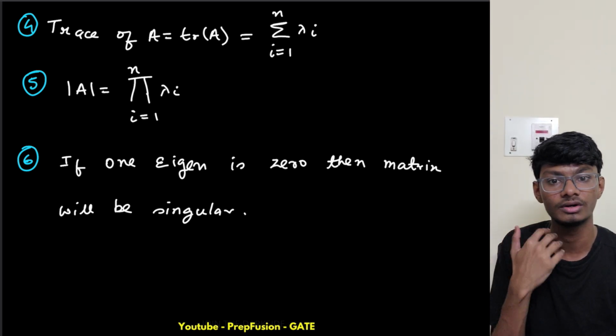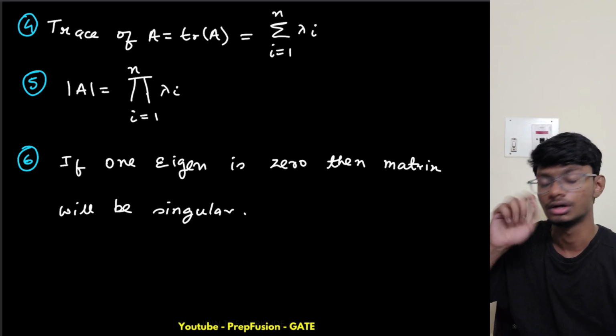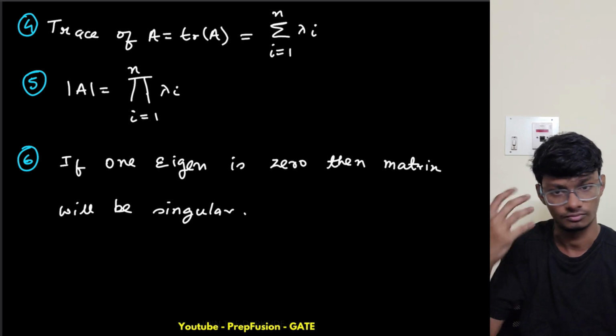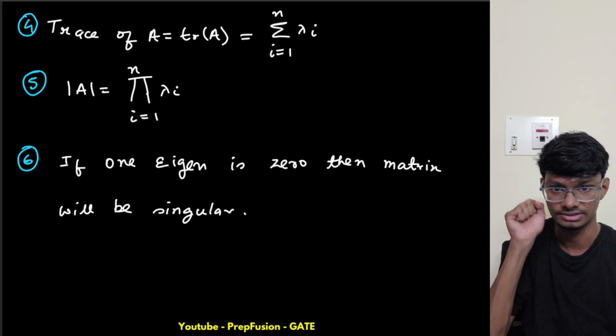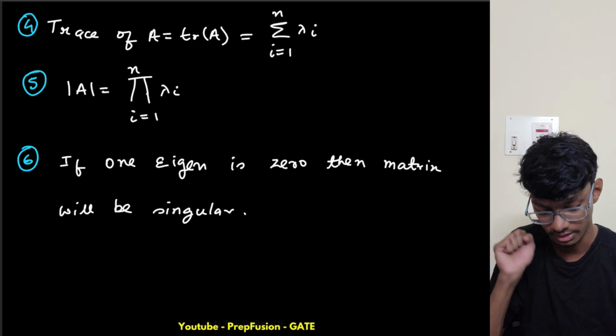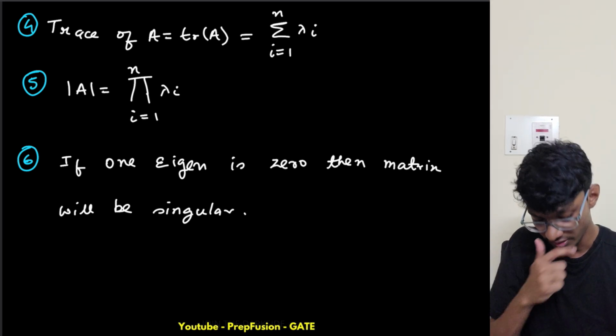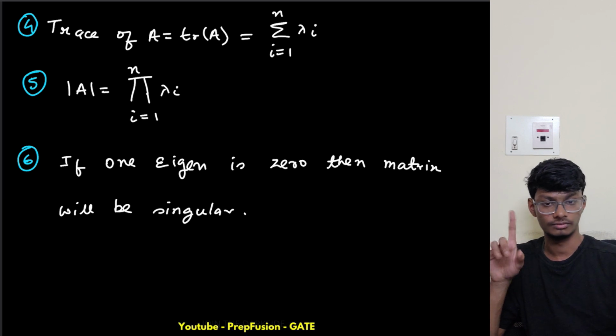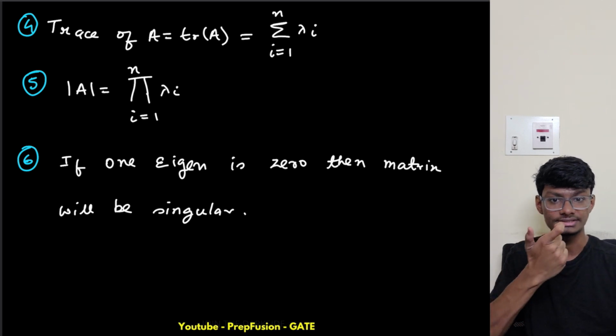That's why this matrix is called singular. Whenever the determinant is 0, the matrix is called singular. And is the vice versa true? If the matrix is singular, then is an eigenvalue 0? Yes, but in this case there will be at least one.